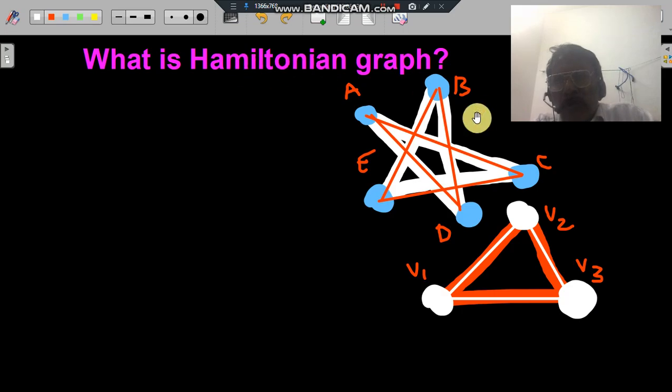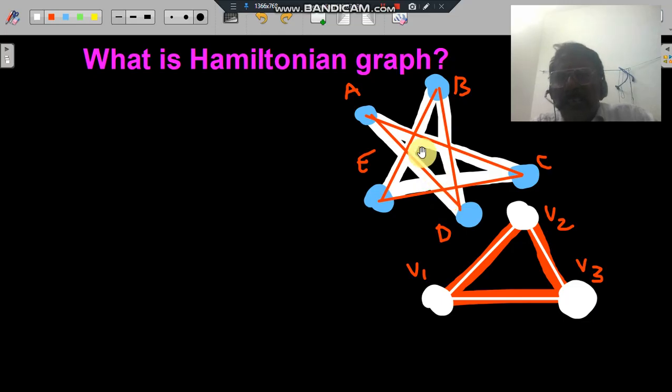So our understanding is that in a graph, if there exists a cycle such that each vertex appears once, then that graph is called a Hamiltonian graph, and that suits these two graphs.